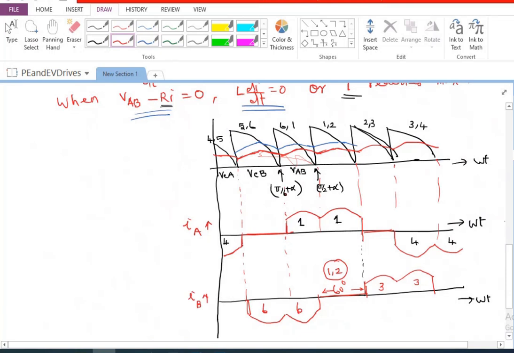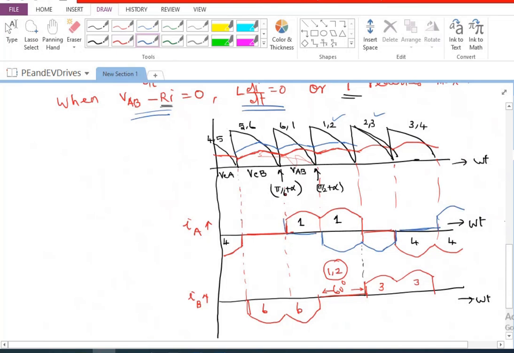Similarly, I should be able to draw as far as C phase is concerned. Whenever 2 is conducting, I am going to have negative current. So I will have this current like this, it will be going down, and this will be 0, and this will go like this.